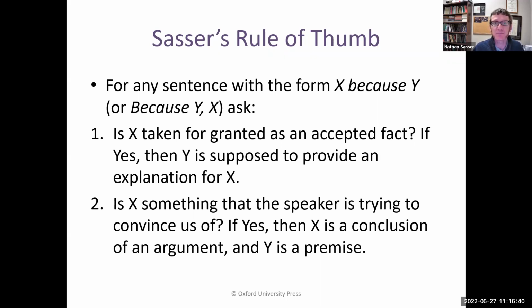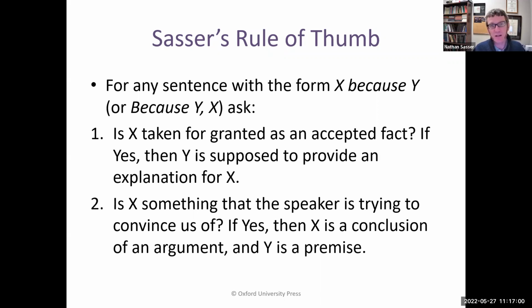So in that case, you've got an explanation. But if X is something that the speaker is trying to convince us of that's not being taken for granted, then X is a conclusion of an argument, and Y is a premise in that argument.